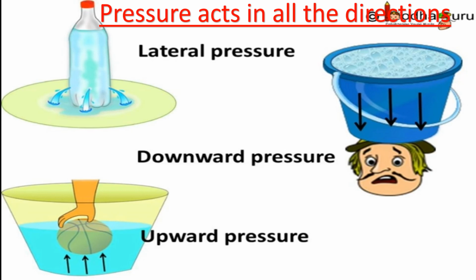And then the next one is lateral pressure. If you make holes in a water bottle at the same height and notice, children, you can see the water falling from all the holes will be at the same level, and also the distance of the falling water is the same.